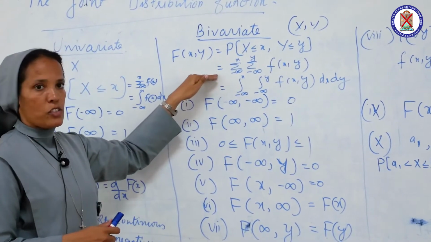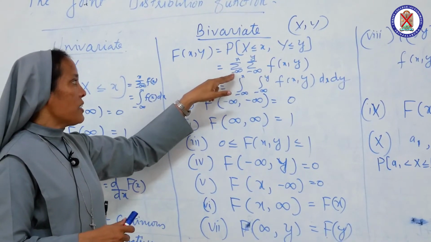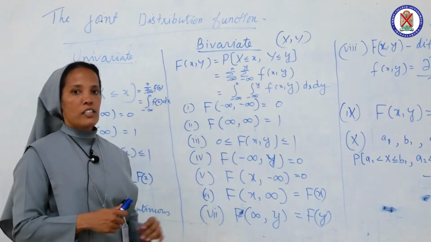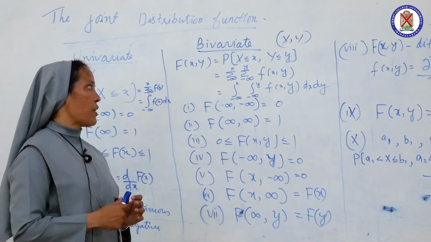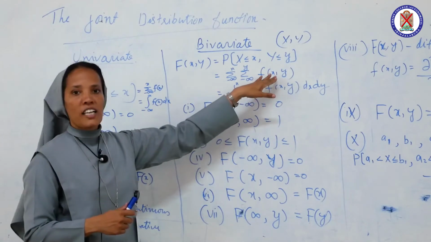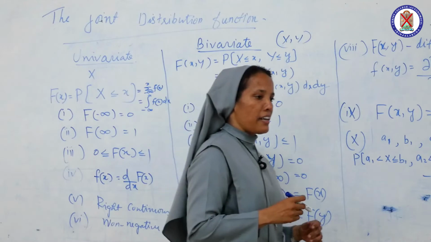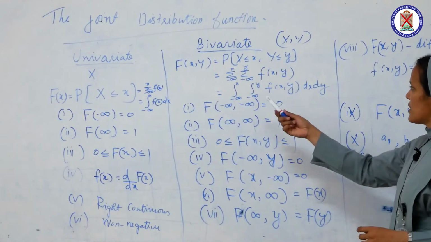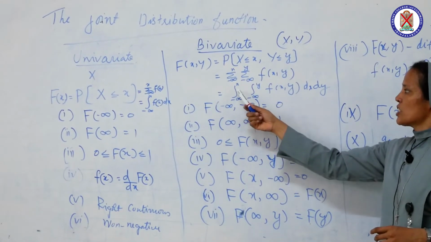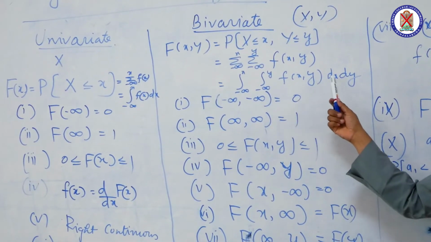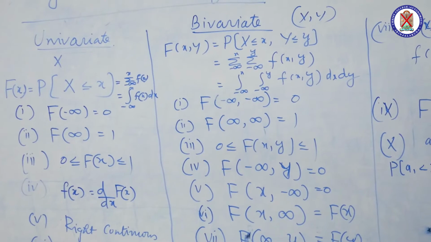This is equal to summation over minus infinity to x and summation minus infinity to y of the joint density function f of x comma y, when x and y are discrete random variables. When x and y are continuous random variables, this function is equal to integral minus infinity to x, integral minus infinity to y, f of x comma y dx dy.